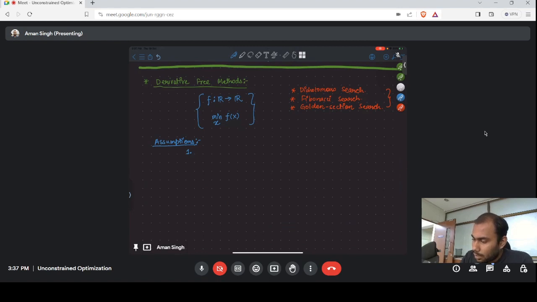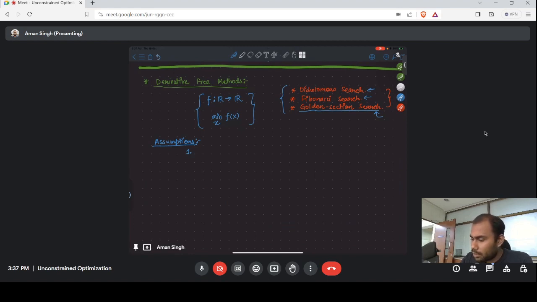There are three main algorithms for solving this: dichotomous search, Fibonacci search, and golden section search. Among these three, golden section search is the most common. We'll see why that is the case when we discuss golden section search.